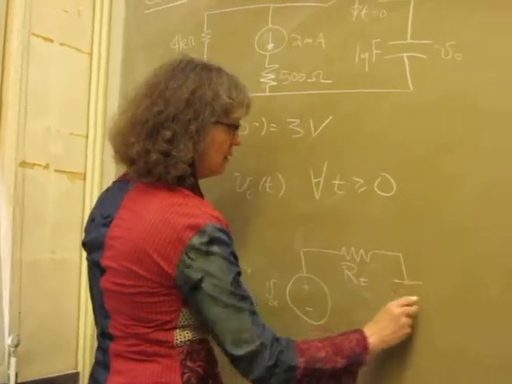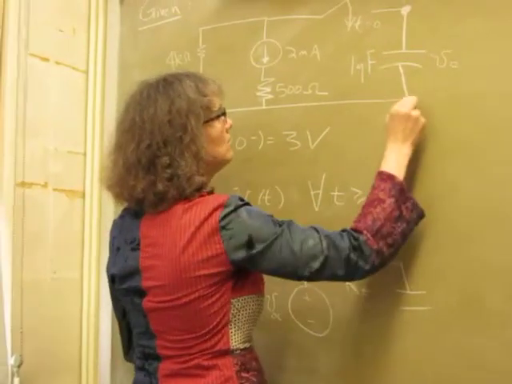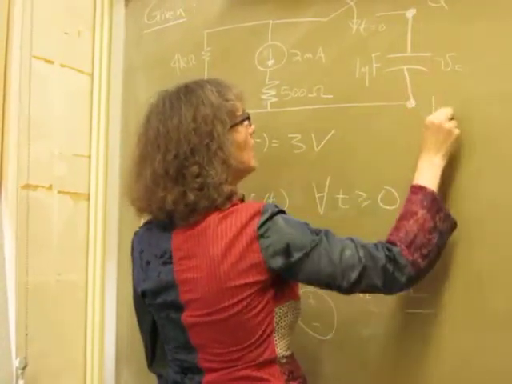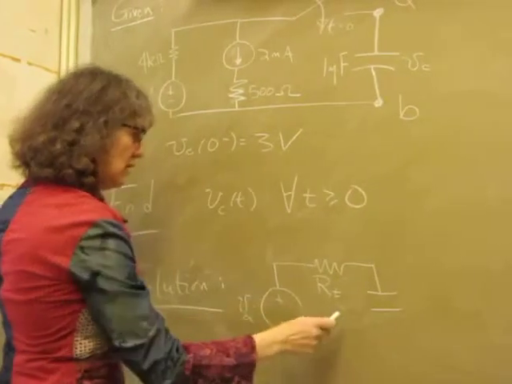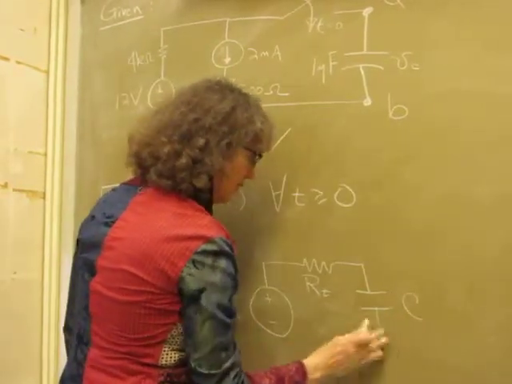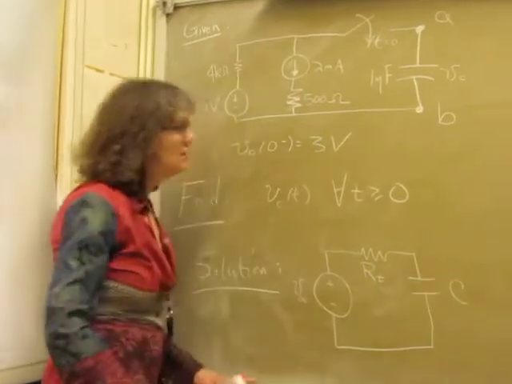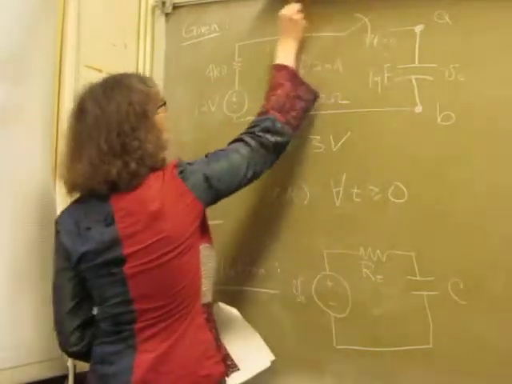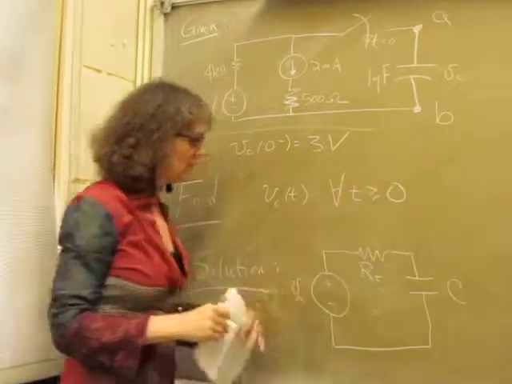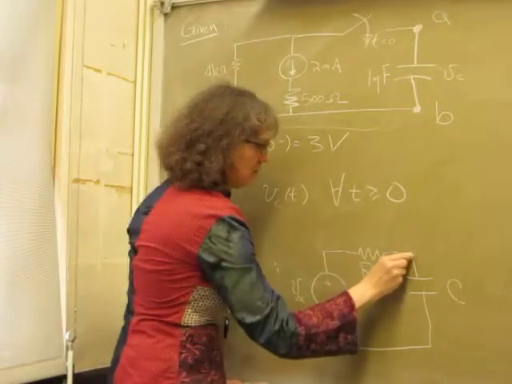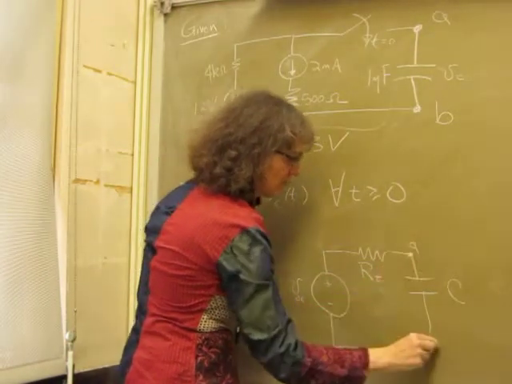I want to look at the circuit from the terminals A and B, and basically take all of this and replace it with the Thevenin equivalent resistance.